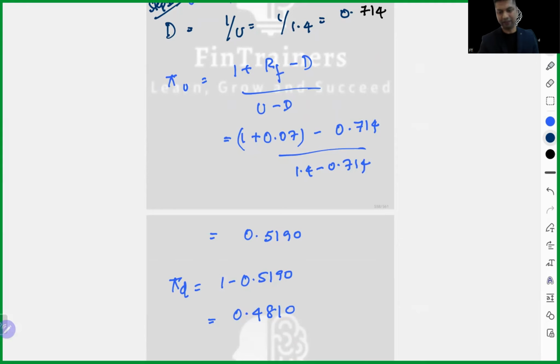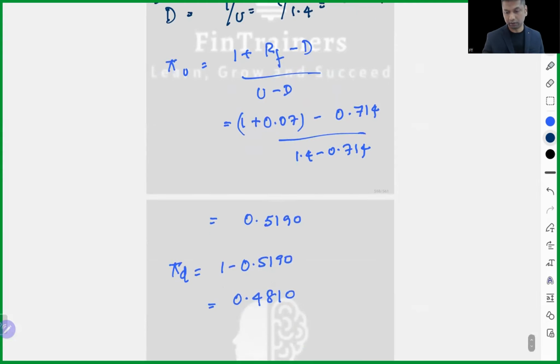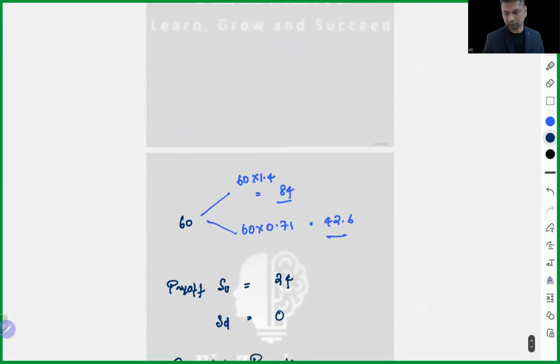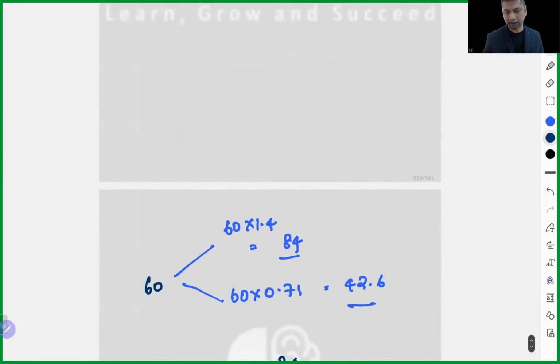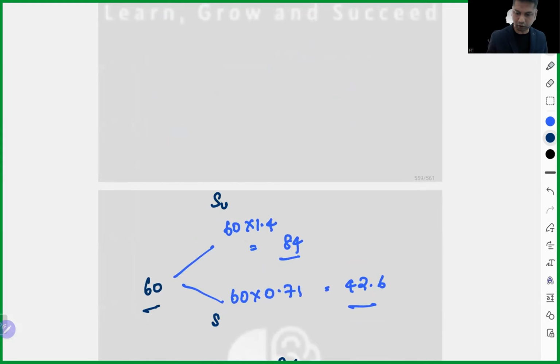Okay, so now we are done with step 1. Second step is to draw the binomial tree. 60 is the underlying. This is our state of up move and state of down move.